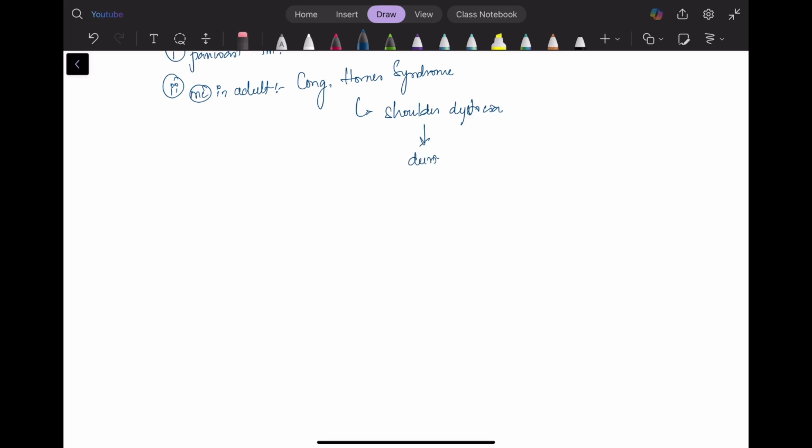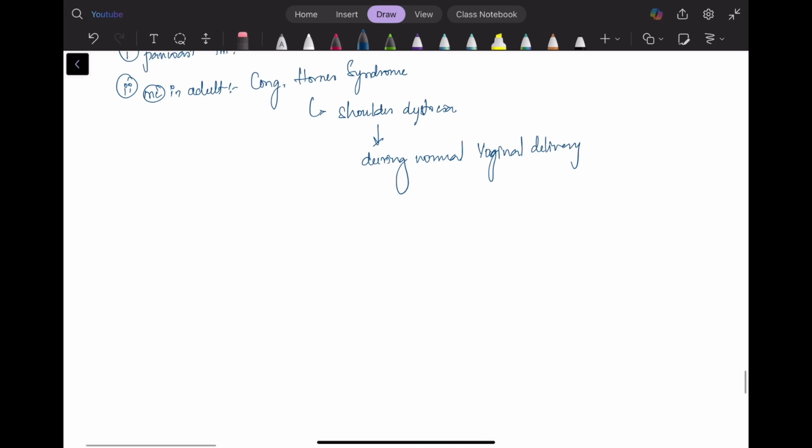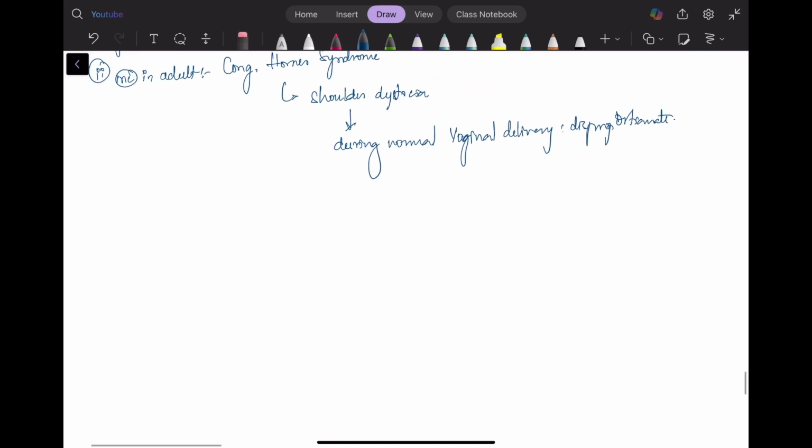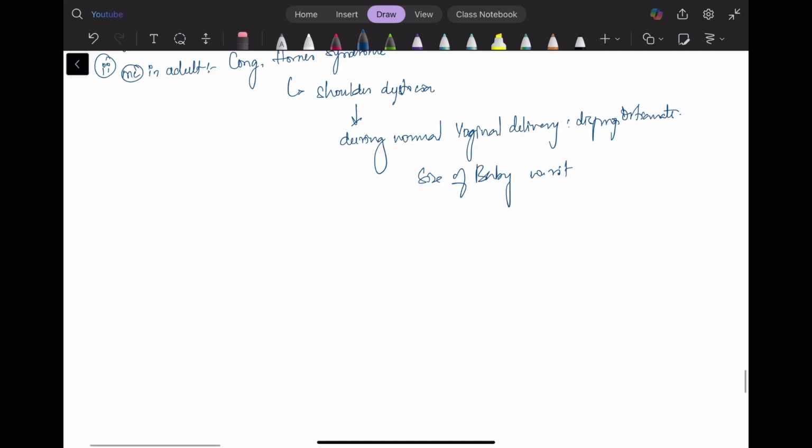During normal vaginal delivery, disproportionate size of the baby. This is an OBG topic. We'll discuss this in detail in the labor part of the obstetrics section, so that it will be clear.